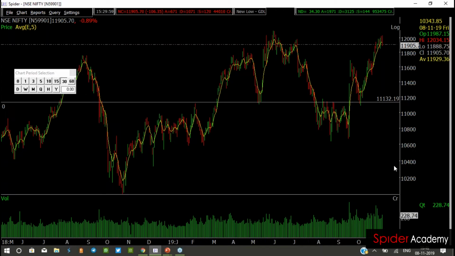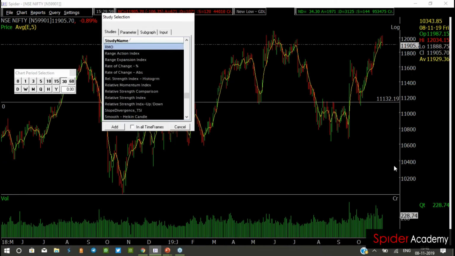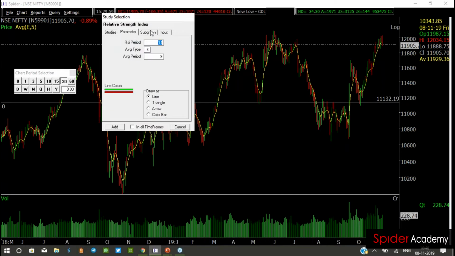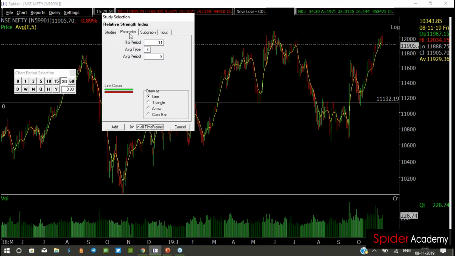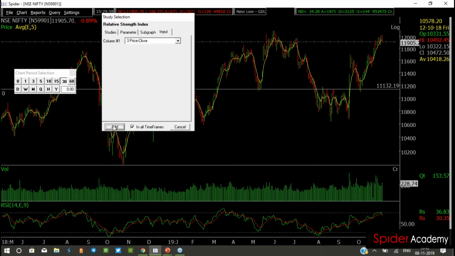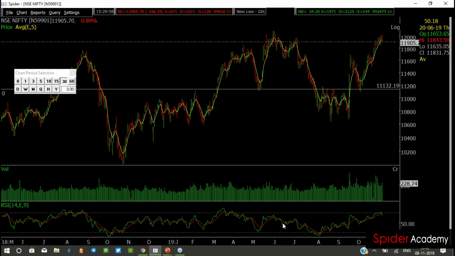Now we would put in the RSI. Currently, I am not changing anything in the parameters of RSI. I am just keeping it as it is, which is the 14 and 9 exponential RSI, using the input as the price close. You see over here, when we see the RSI, there is too much fluctuation happening, right?